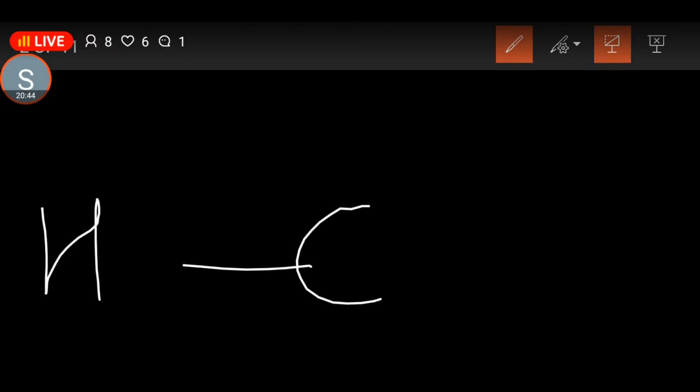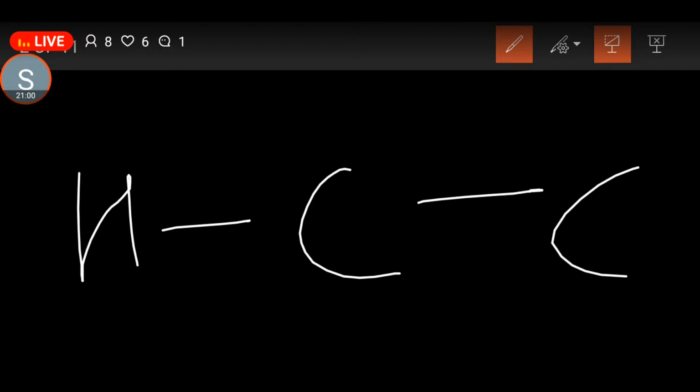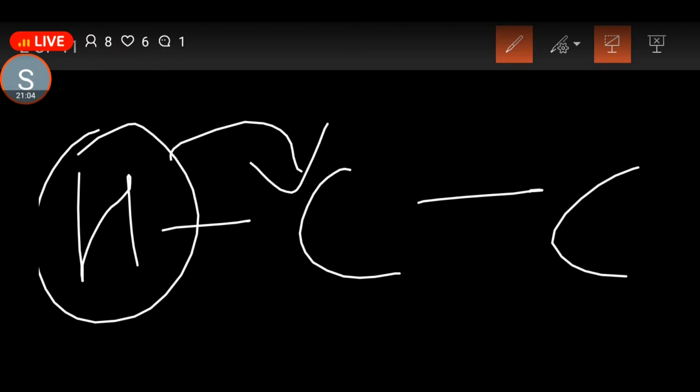If the hydrogen is attached to a primary carbon atom, then it is known as a primary hydrogen. This hydrogen is attached to this carbon atom, so this hydrogen is called a primary hydrogen.